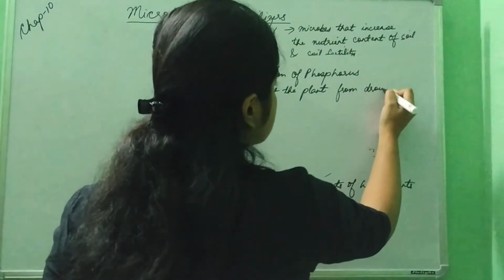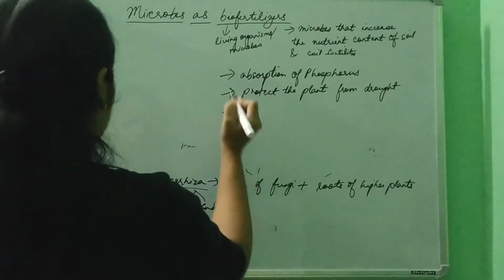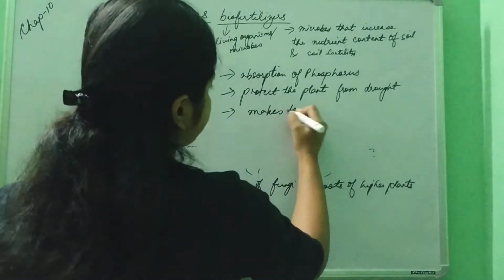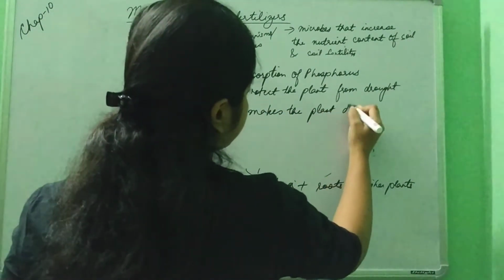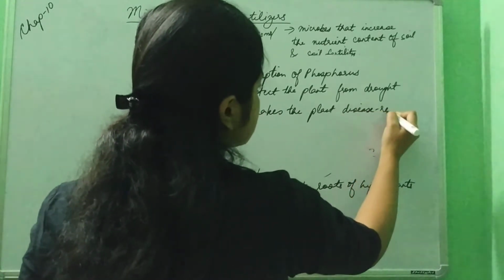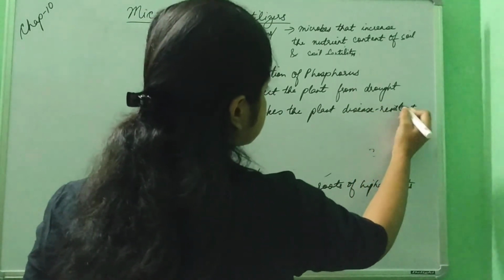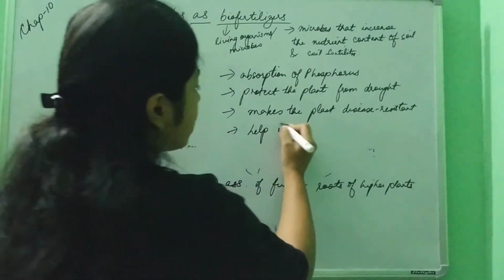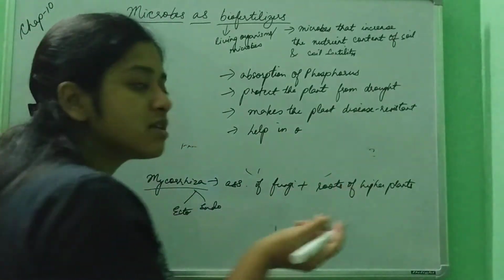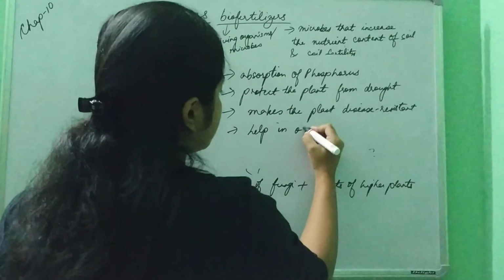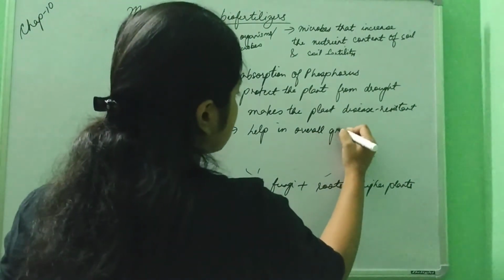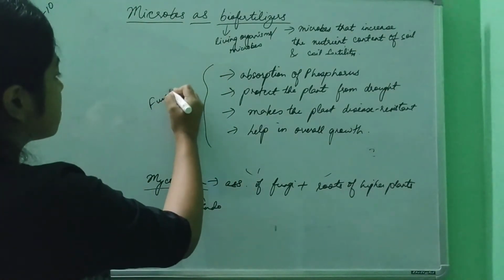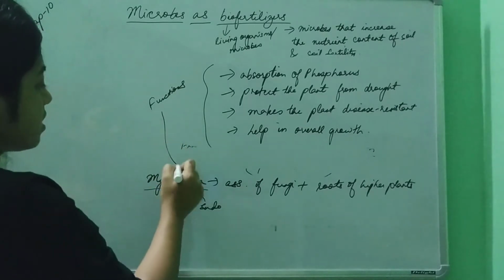Next is makes the plant disease resistant. Then again they also help in overall growth of the plant, since they will increase the soil fertility. So they will help in overall growth of the plant. Okay, so these are the functions of mycorrhiza.